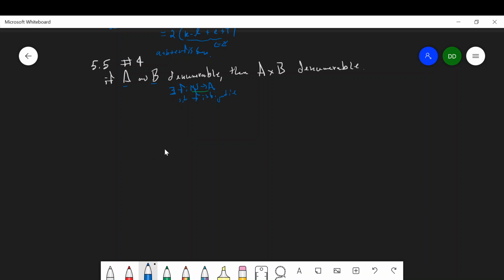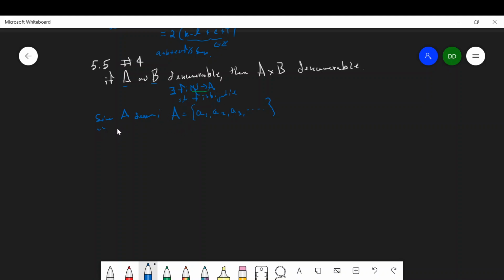So A and B being denumerable, since A is denumerable, we can list out the elements of A. A equals, let's say, A1, A2, A3, so every element of A looks like A sub n for some n. It's exhaustive and there's no repeats.